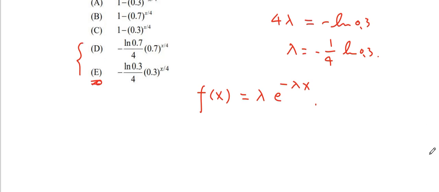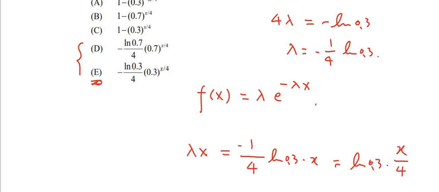Negative lambda x equals ln 0.3 over 4 times x, which is ln of 0.3 to the power x over 4.